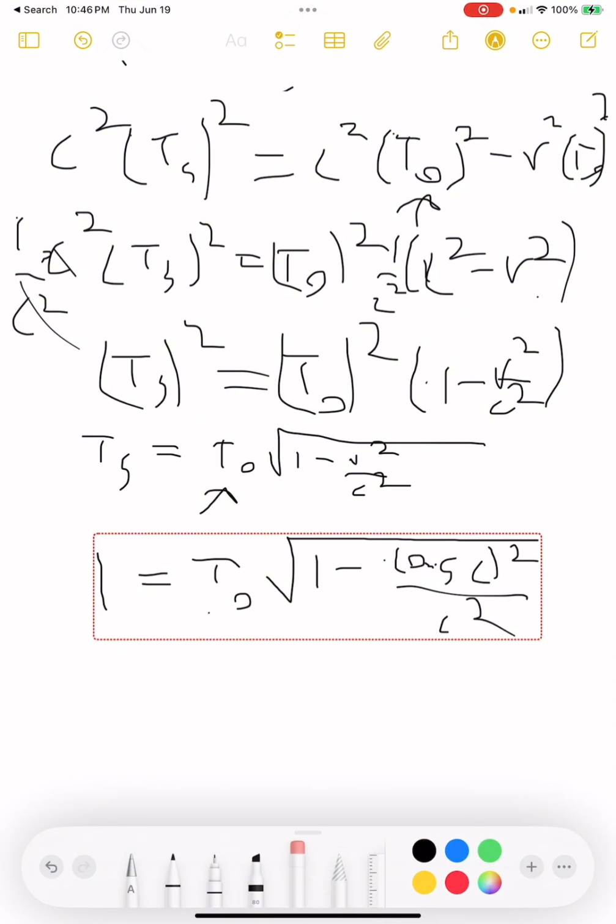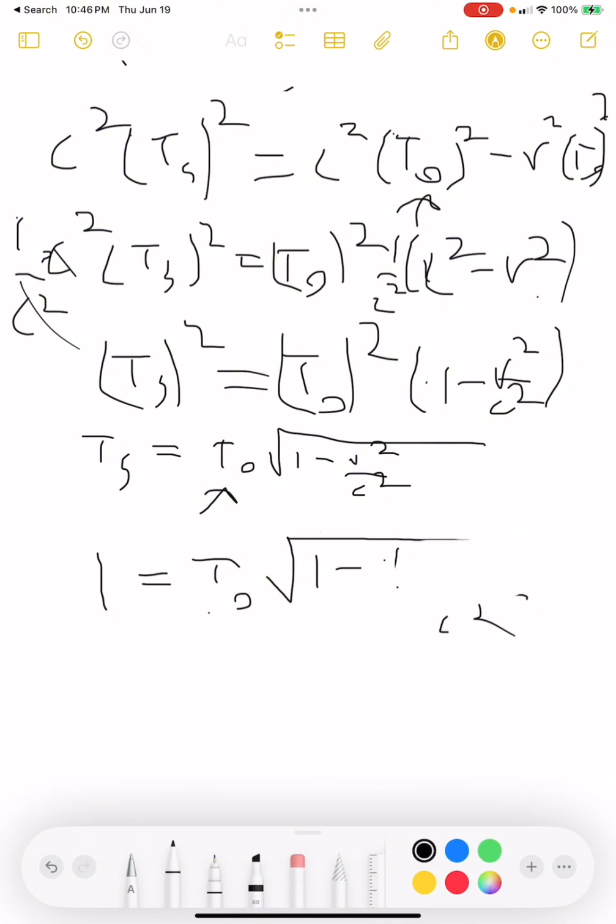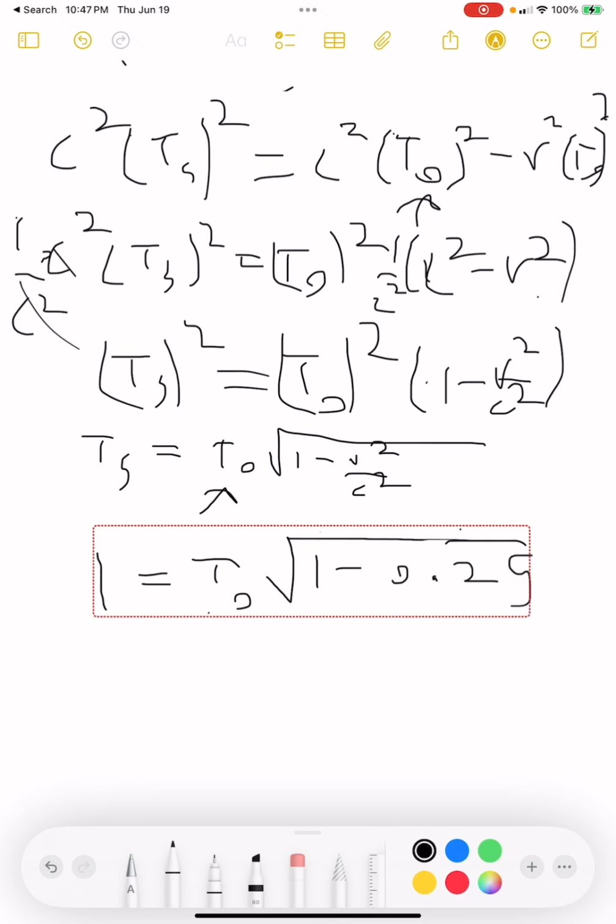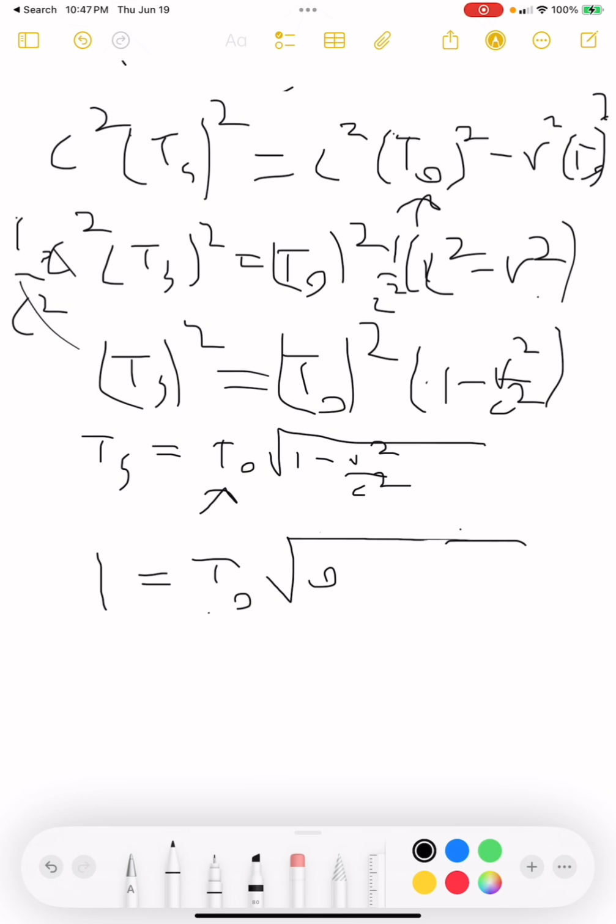If we distribute the square on both sides, we get 0.25 c squared, which means that we get the square root of 0.75.